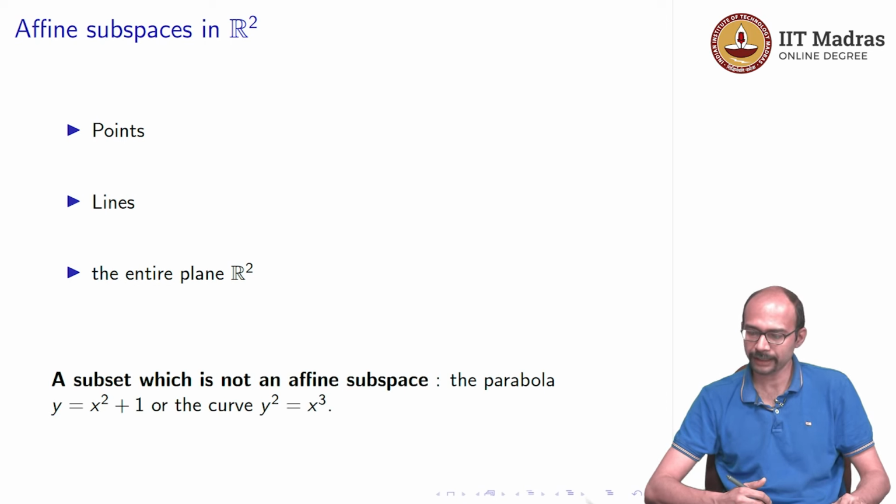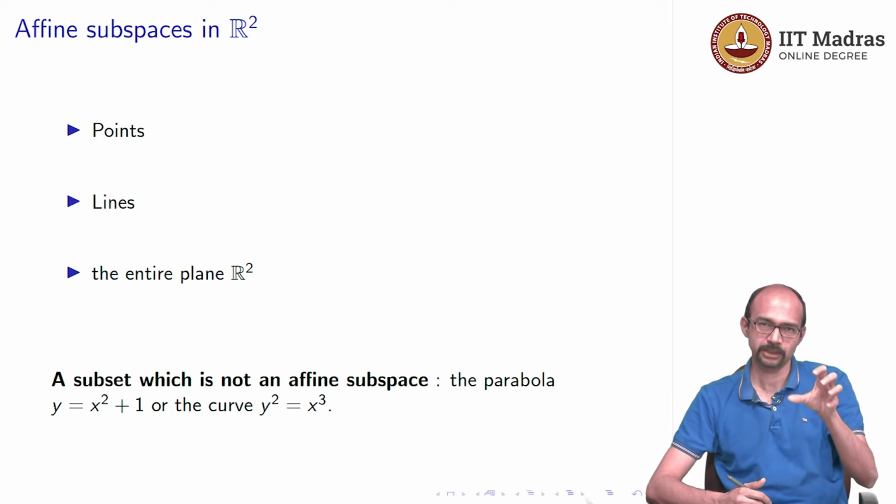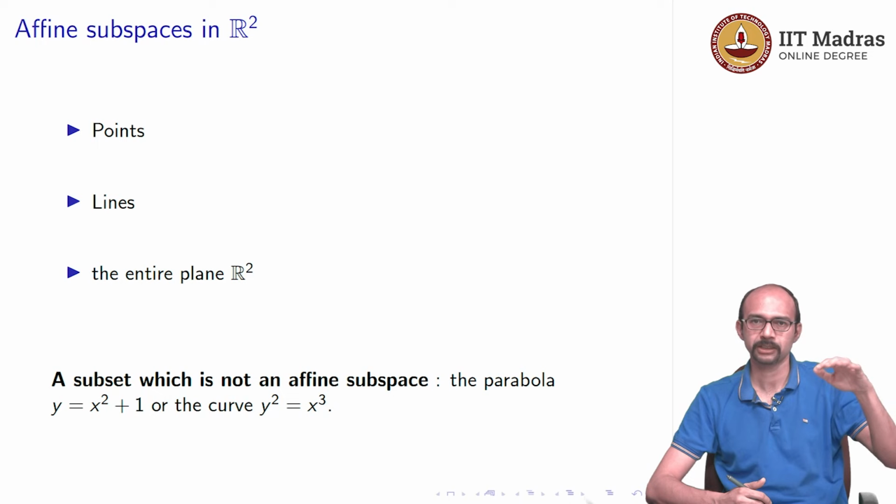So, let us also write down an example of something which is not an affine subspace. Affine subspaces, as we saw, are shifts of vector subspaces, linear subspaces, right. And linear subspaces or vector subspaces are always either the origin 0 0 or lines passing through the origin, or the entire R2.